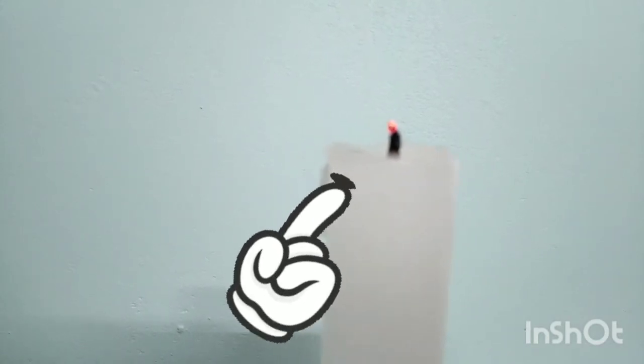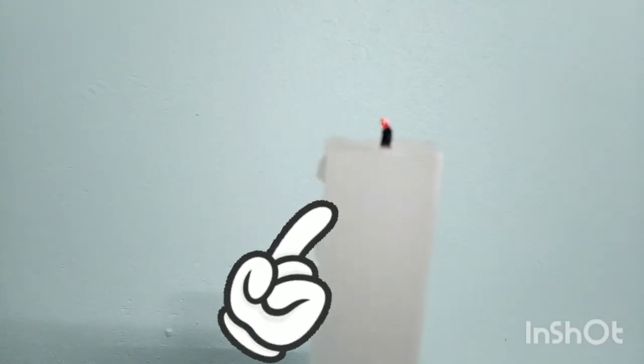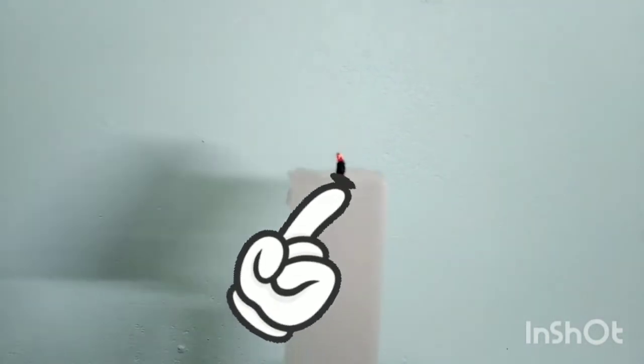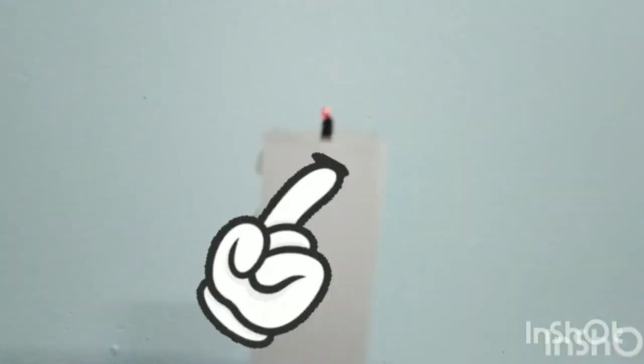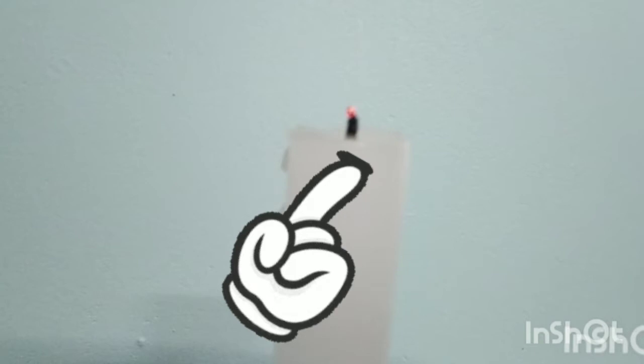First the candle was lit, then when I kept the aluminium foil over that, it gets extinguished. What do you conclude from this activity, students? The conclusion is the candle gets extinguished because the aluminium foil conducts away the heat and the temperature goes below the ignition temperature. So this is the first activity.